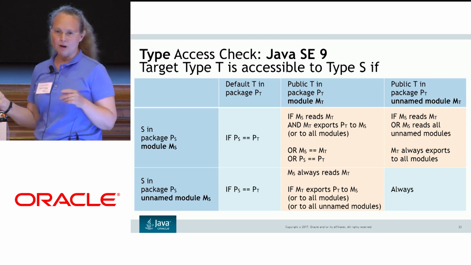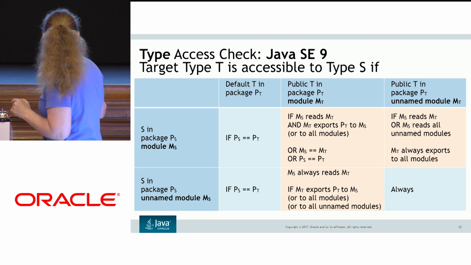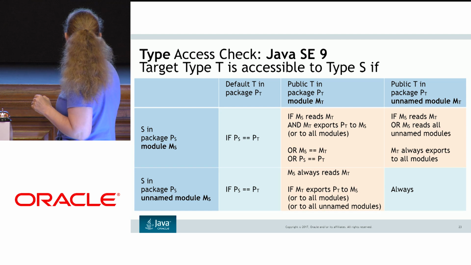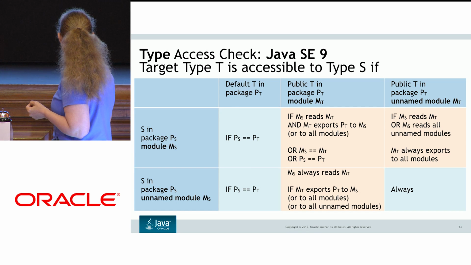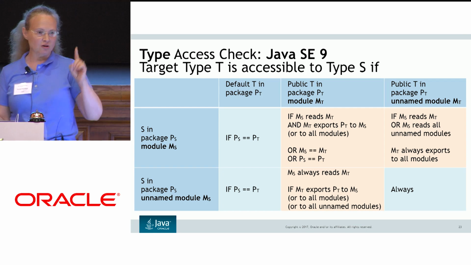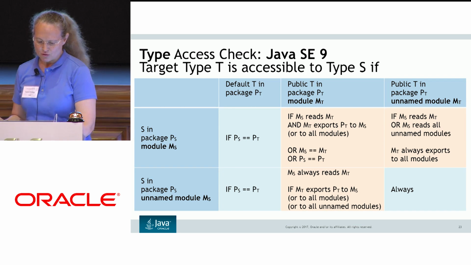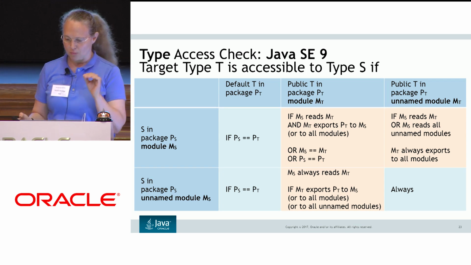And we actually allow you to export to all unnamed, which is a very helpful thing for backward compatibility. Same concept here. If I am S in a named module and I want to access T in an unnamed module, we check reads, same rule, and MT always exports to all modules. So fundamental message, check your reads, check your exports, okay? And we tried to make it as clean as possible so you would work with old code as much as possible.